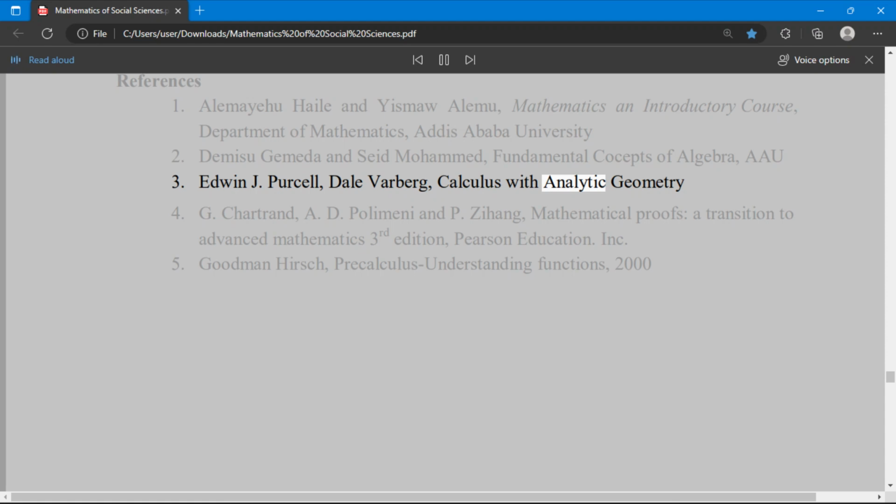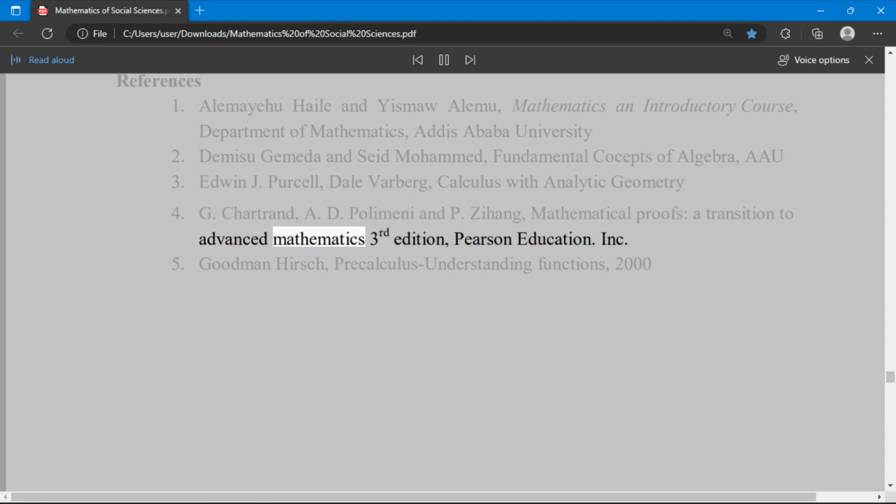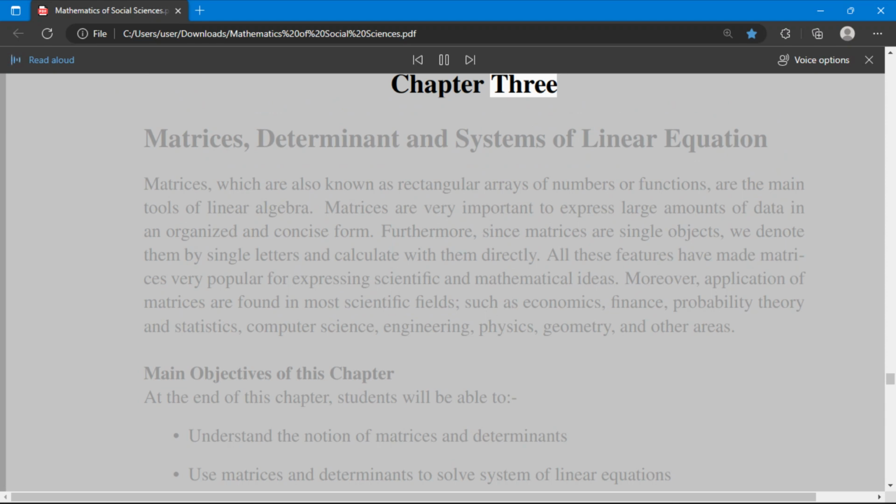Edwin J. Purcell, Dale Varberg, Calculus with Analytic Geometry. 4. G. Chartrand, A. D. Polimeni and P. Zhang, Mathematical Proofs: A Transition to Advanced Mathematics, 3rd edition, Pearson Education, Inc. 5. Goodman Hirsch, Precalculus: Understanding Functions, 2000.